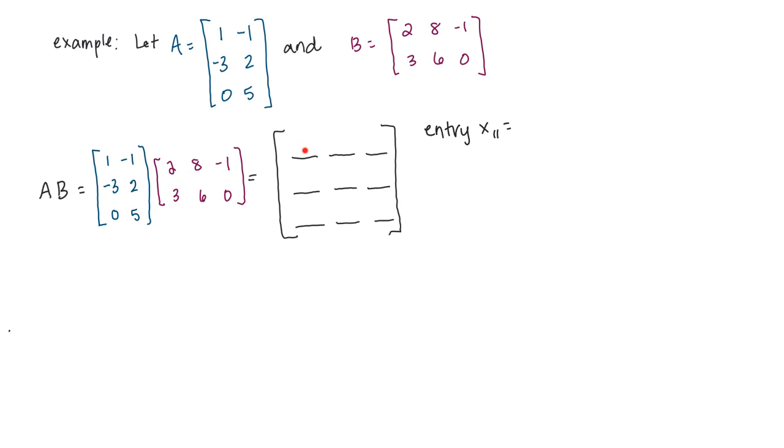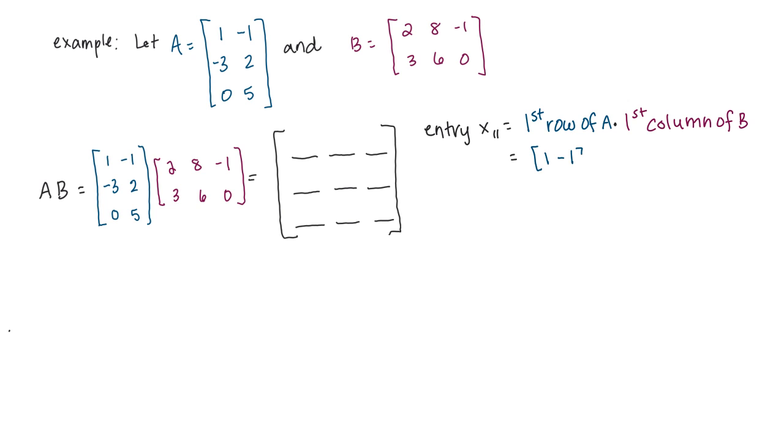So starting with our first entry here, row 1, column 1, our x11 entry, that's going to be the first row of A multiplied by the first column of B. Really understanding the indices of each of these entries is helpful because it reminds you, okay, row 1 from A and column 1 from B. The 1, 1, row, column.